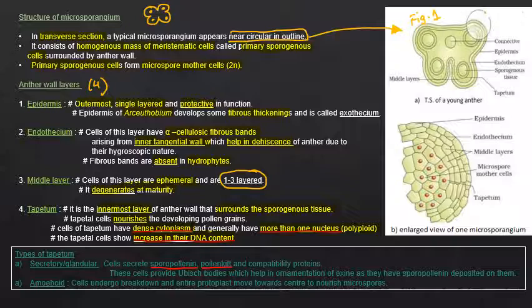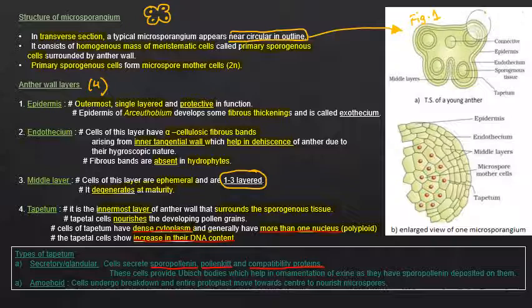This pollen kit is a substance that acts as glue to stick all the pollen grains together, right? And third is compatibility proteins, so that the female part of the flower can identify the compatible pollen grains.